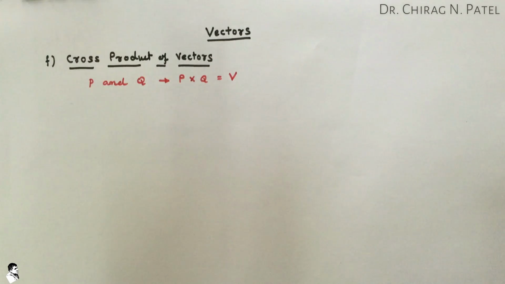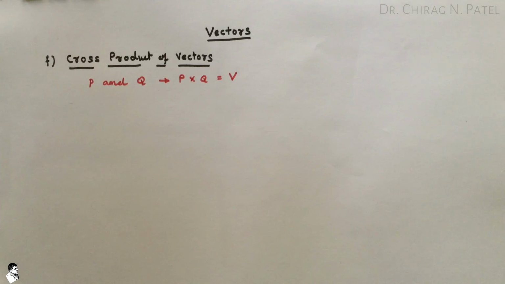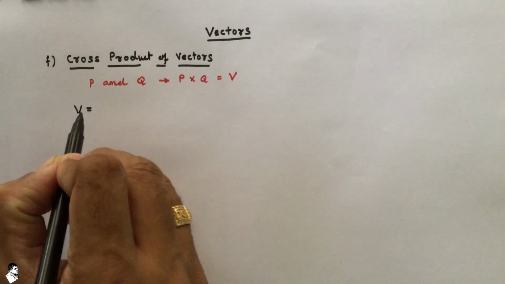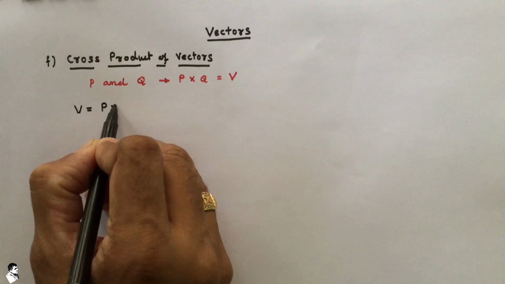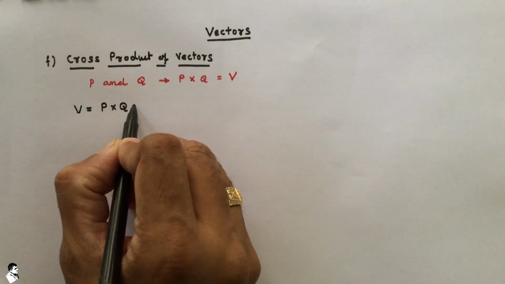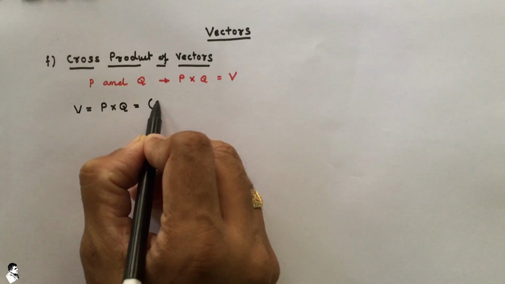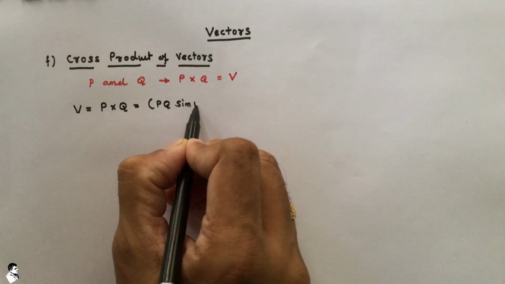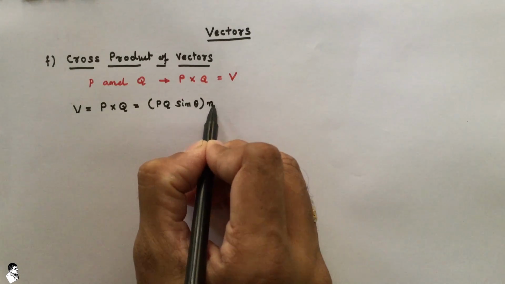So now if we take n as a unit vector in the direction of the cross product vector V, we can write down that V is equal to P cross Q, which is equal to PQ sine theta n.